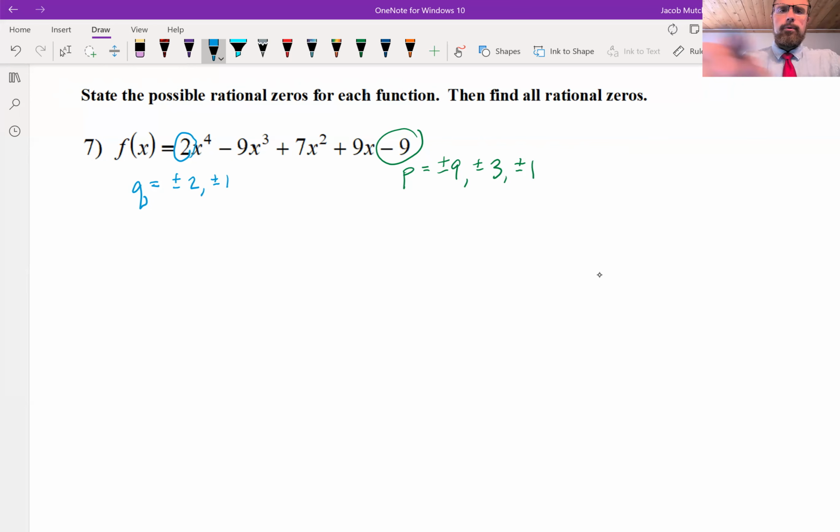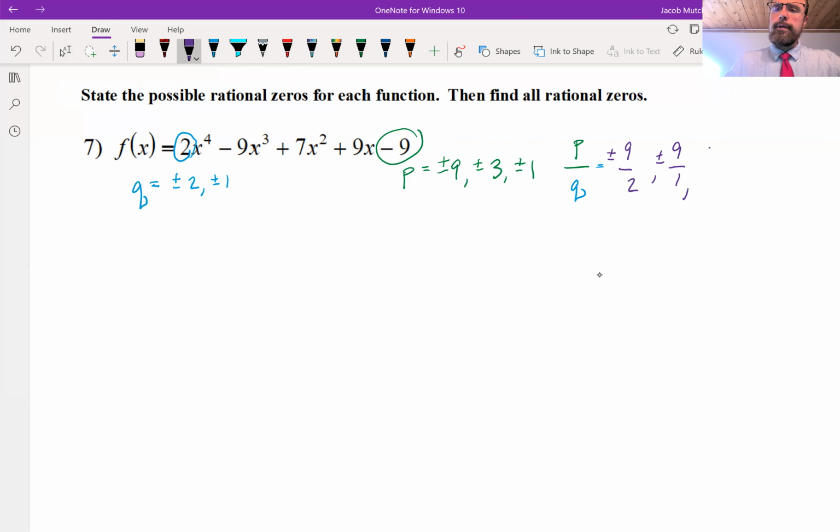So my possible P over Q values, I want to list them out. We'll start with just the way we've listed them here in our initial analysis. So I'm going to put 9 over 2 and 9 over 1. So I'll just vary the denominators to begin, and I'll put plus or minus for each.